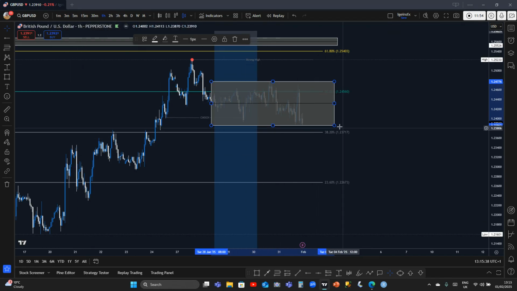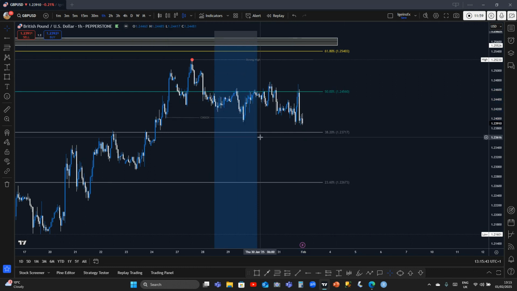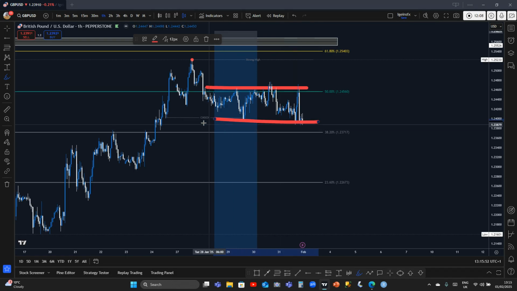But if you look at it, there is really nothing to trade here because price is just pushing from here to this place. It would have been better for price to first push to the downside. You see, price is just locked in between 38.2 and 50%.